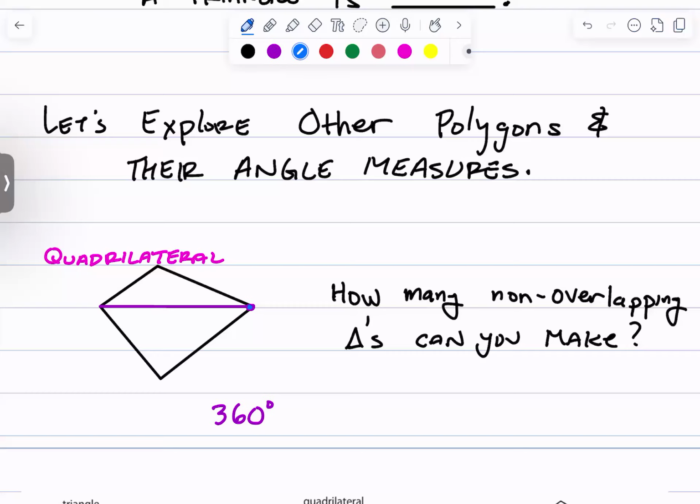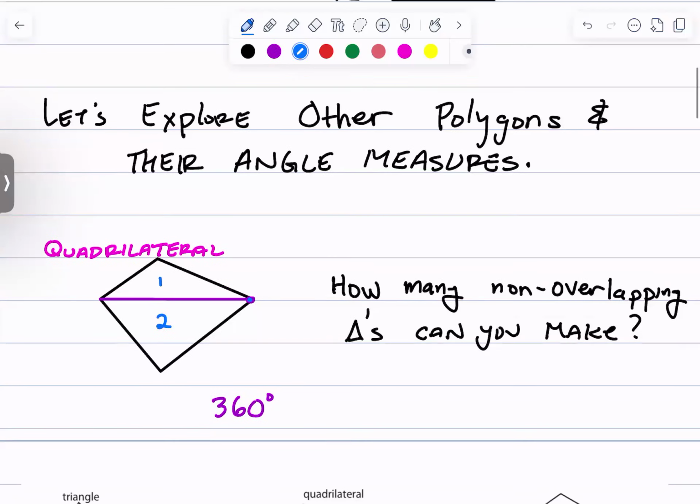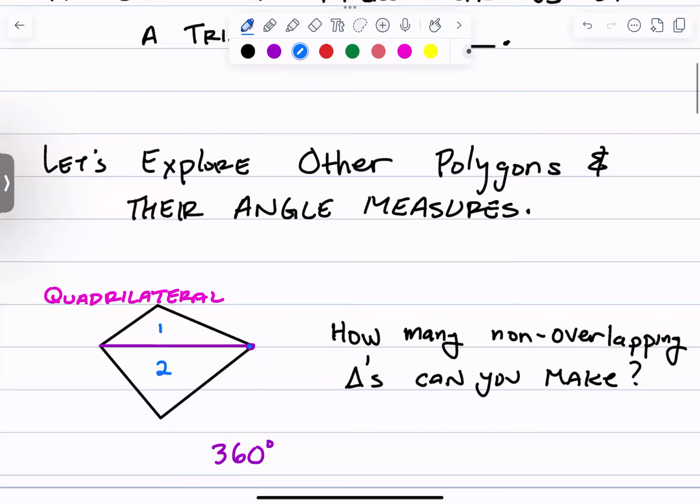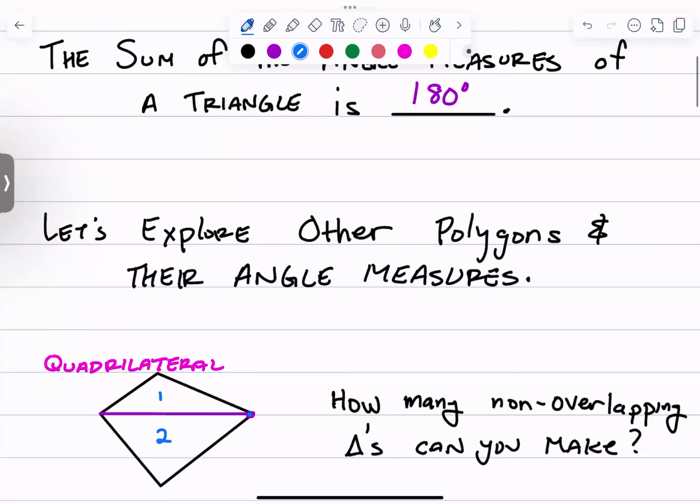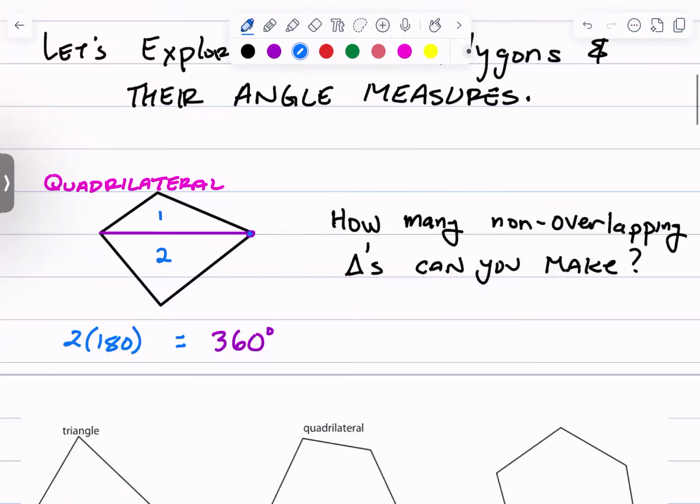Okay? So when I do that, there's two triangles, correct? And we already established that one triangle is 180. So two triangles, 2 times 180 equals 360. Okay?